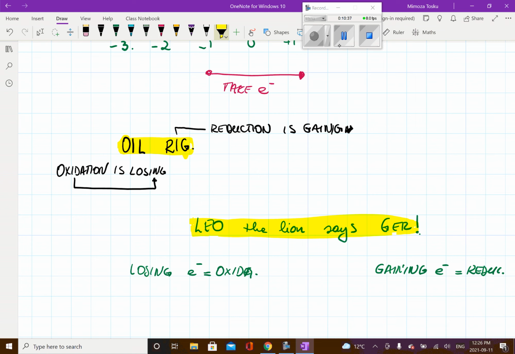Personally, I prefer OIL RIG. It's simple, it's easy. We are used to it here in Alberta. But if you like animals, then you can use Leo the lion says grr, and any of them will serve the purpose.